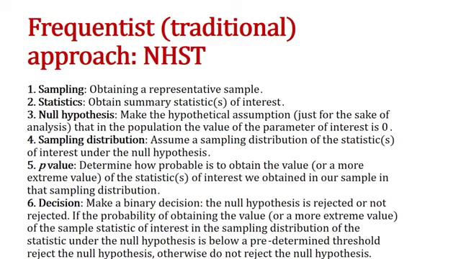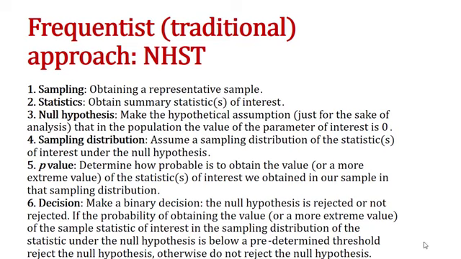I'm going to show later what more extreme means. The sixth step is to make a binary decision, either to reject the null hypothesis or not to reject. I'm not saying accept, I'm saying not reject on purpose, and I'm going to explain why later on.